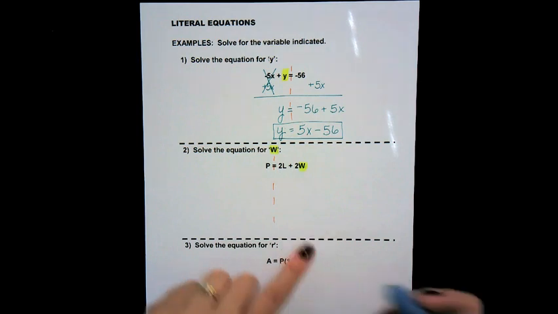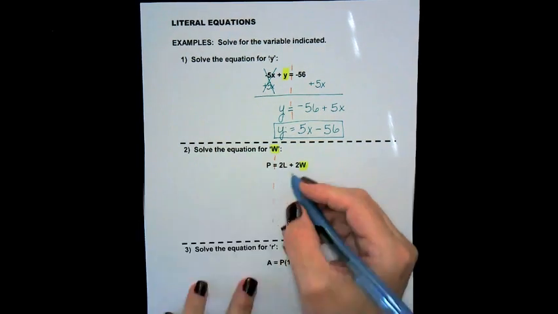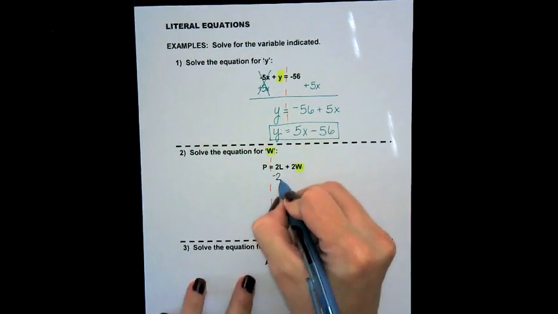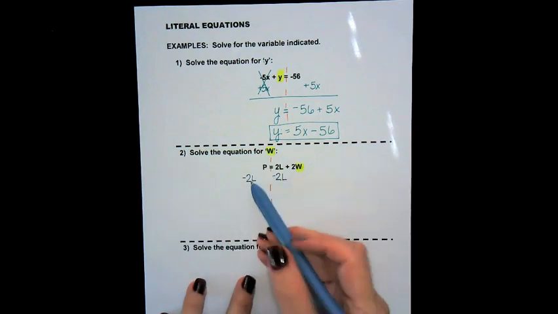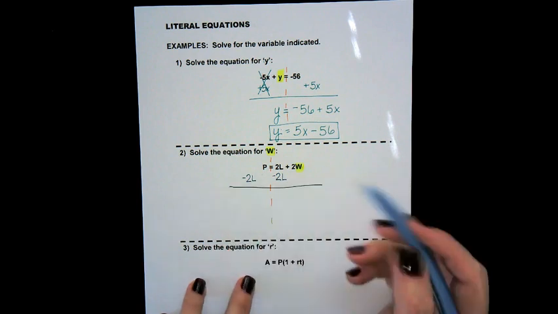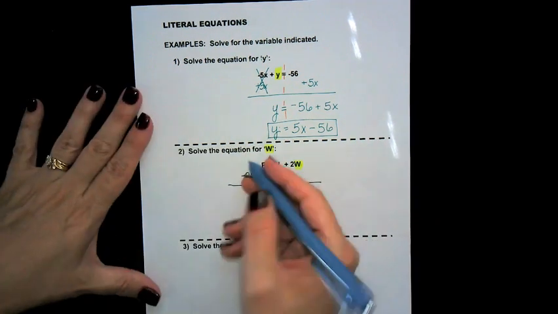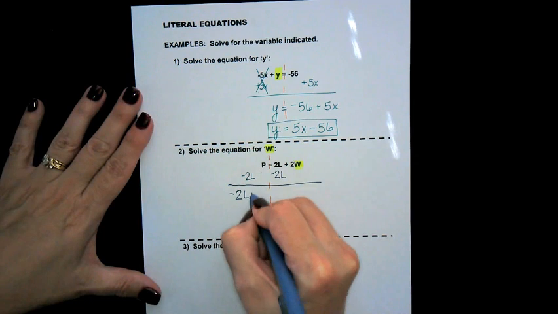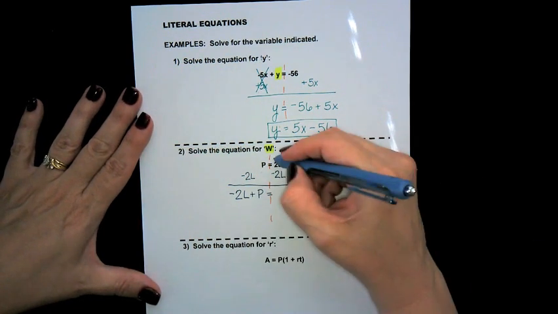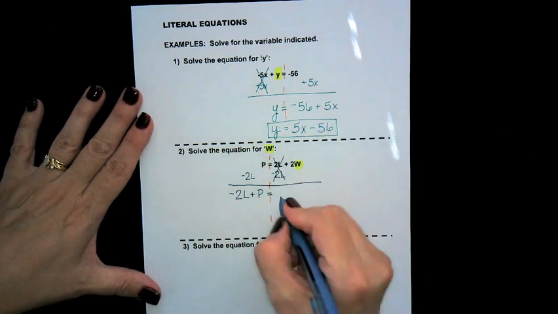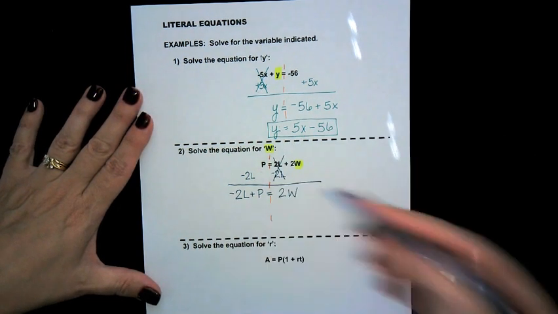So we're going to do the opposite of adding 2l, which is to subtract 2l. Again, I didn't write it under the p because those are not like terms. So on the left, I have negative 2l plus p equals 2l minus 2l cancel, leaving me with 2w.